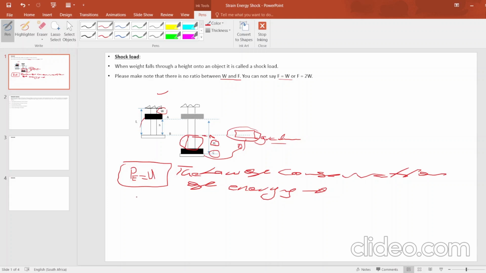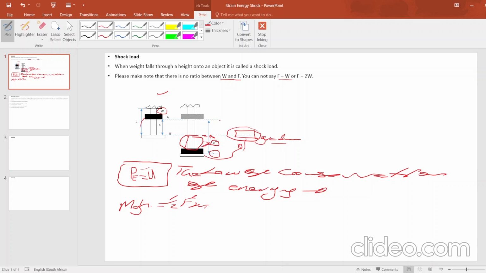How do we calculate PE? PE is mgh. Strain energy is 1 over 2 F xt. This is the formula that we'll be using. After this weight has dropped on the collar, we are having extension.